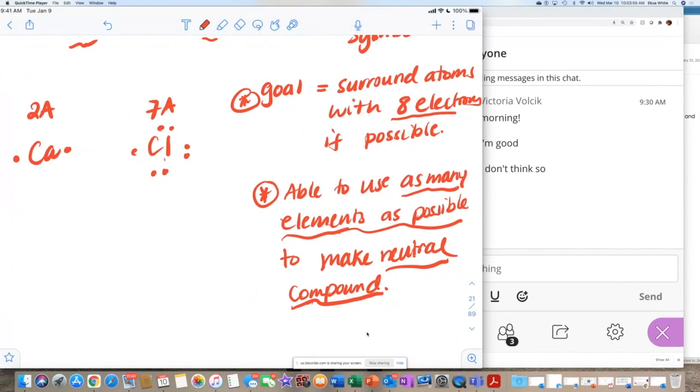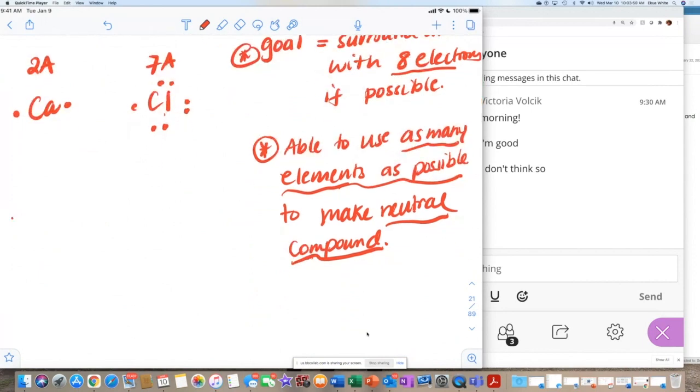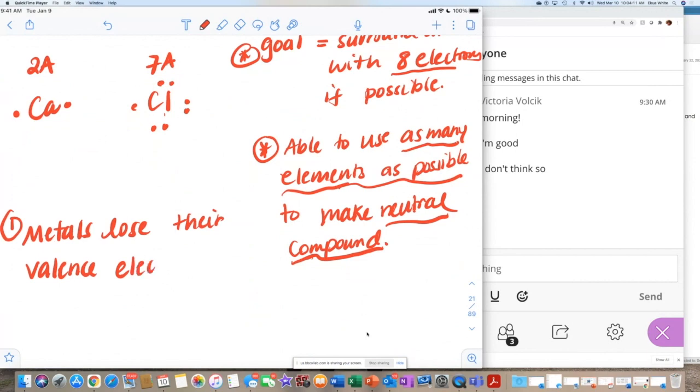Now, before we do the next steps, the other thing we have to remember is that metals lose their valence electrons when forming bonds.